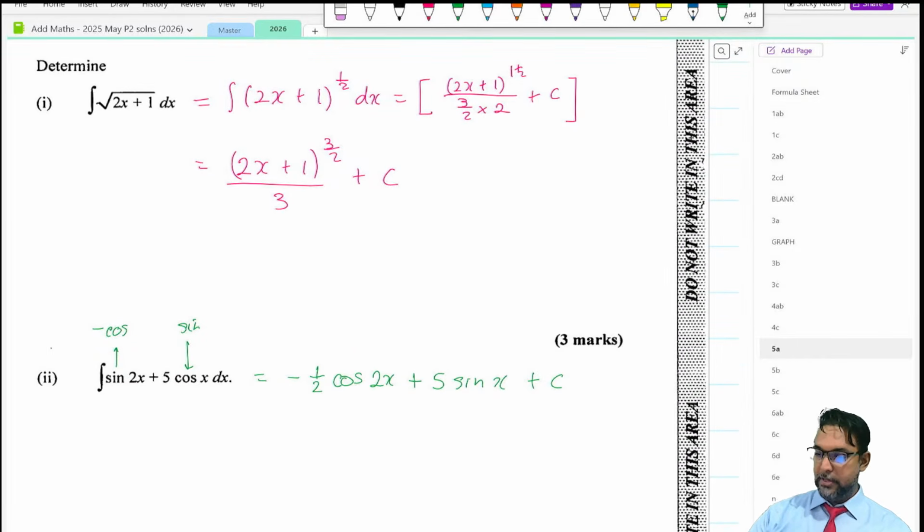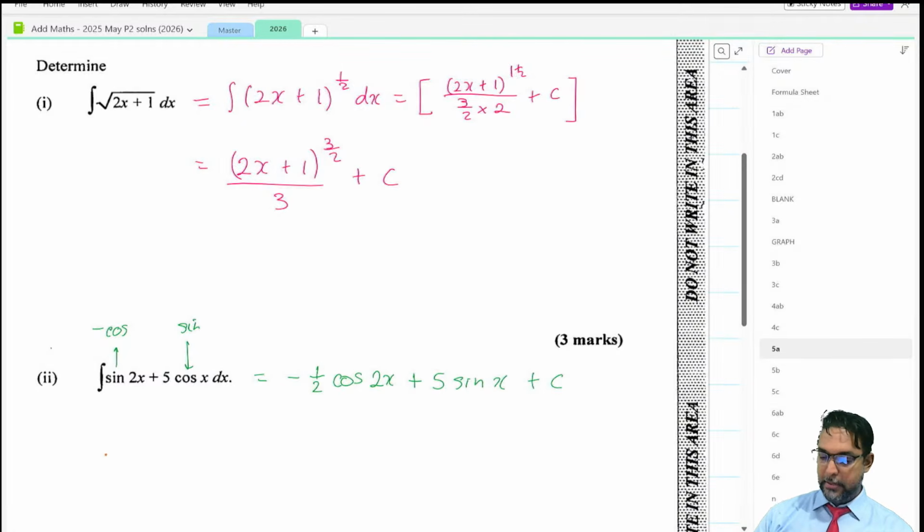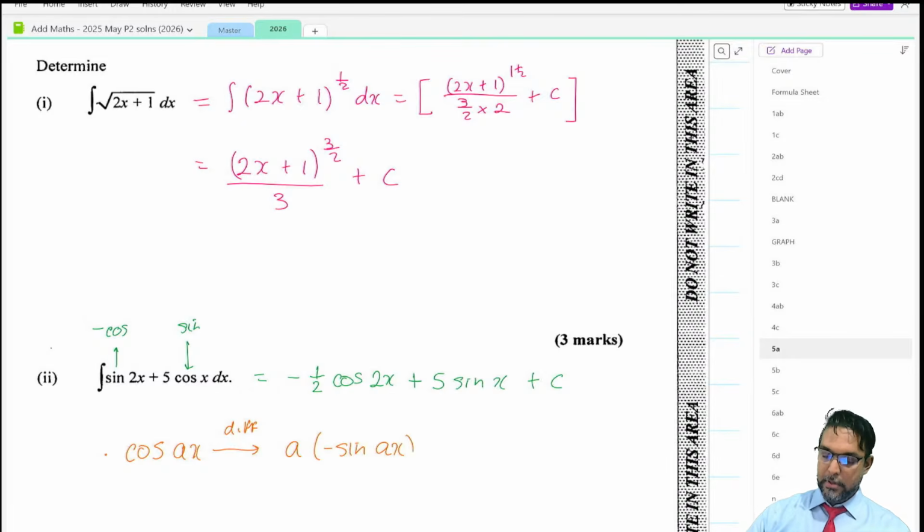All right, so let me just put a little help here. If we had, let's say, cos of ax and we differentiated that, we would get a by minus sin ax.